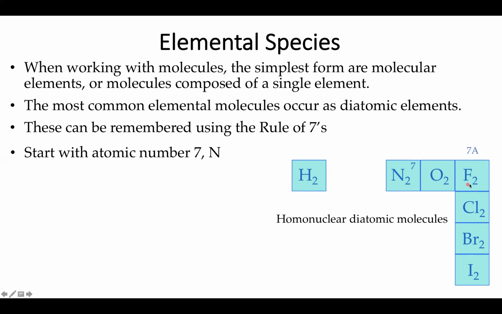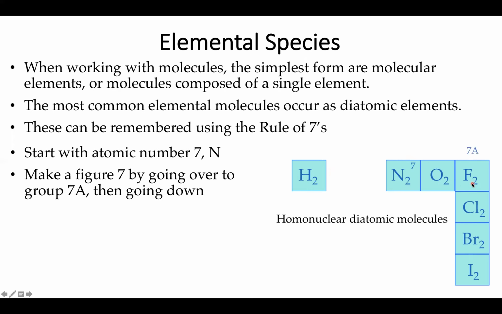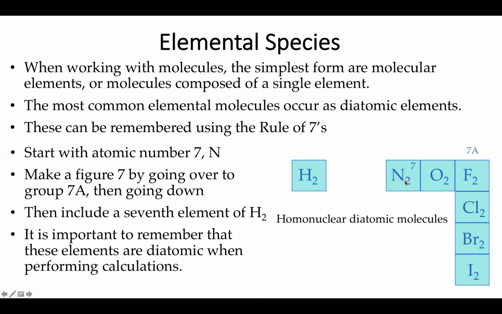So we start with 7, go to group 7, and then go down to get a total of six molecules that look like a 7. Then we need a 7th molecule. So we go ahead and grab hydrogen because hydrogen likes to do its own thing. So all 7 of these molecules will tend to form diatomic elements.